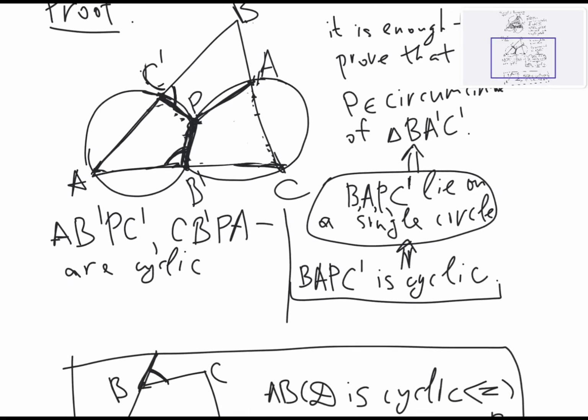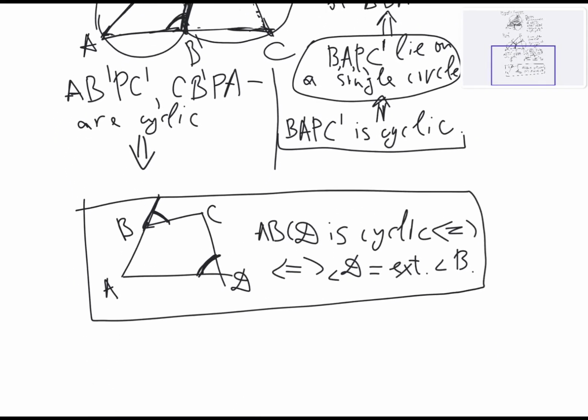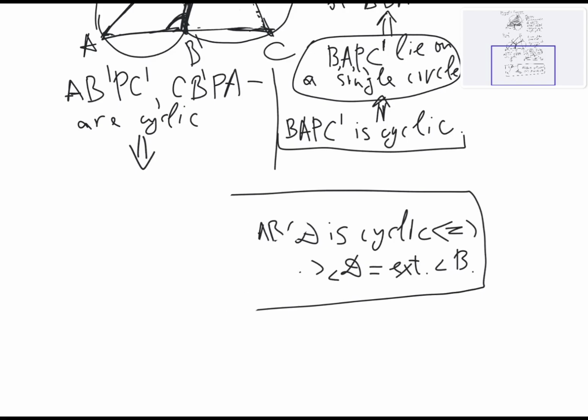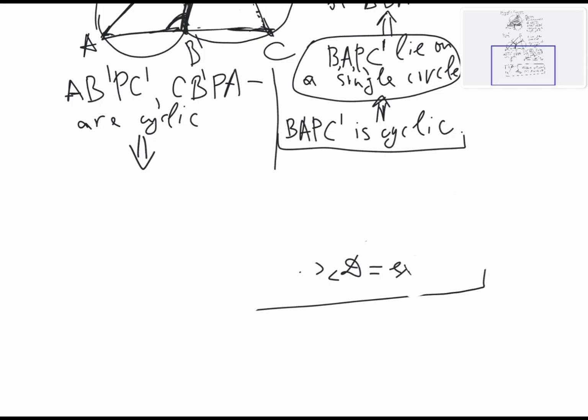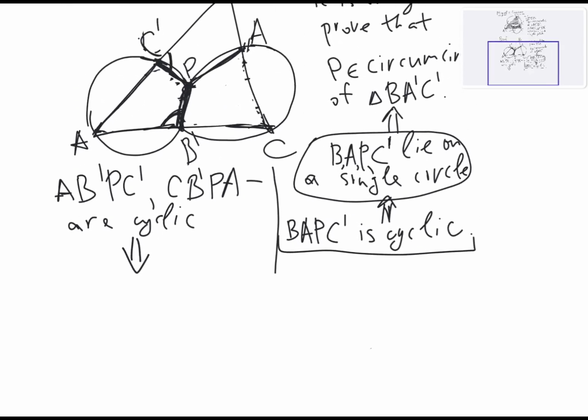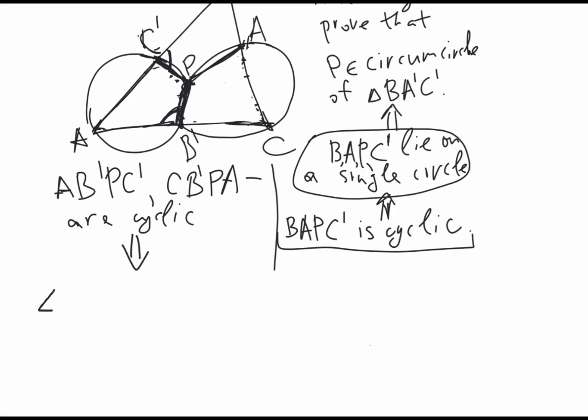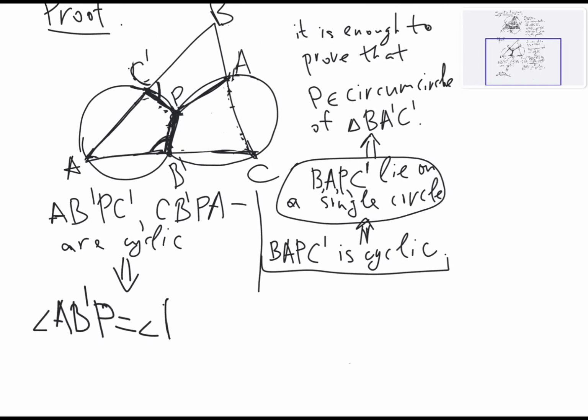So they're equal, therefore the angle AB prime P is equal to the angle BC prime P, right?